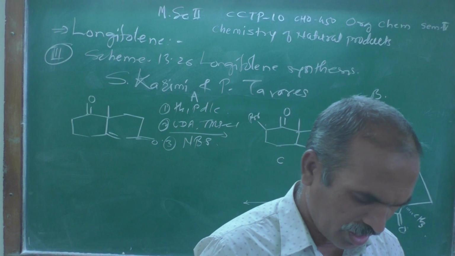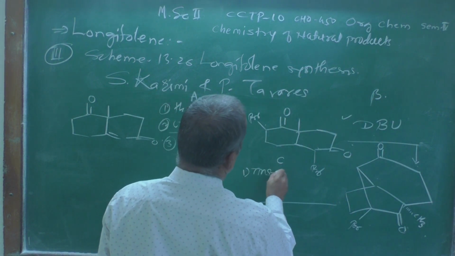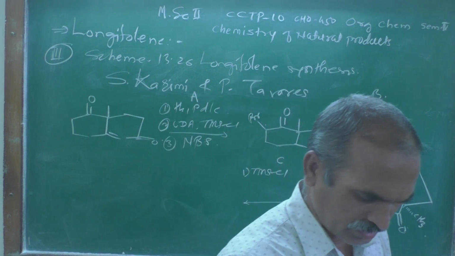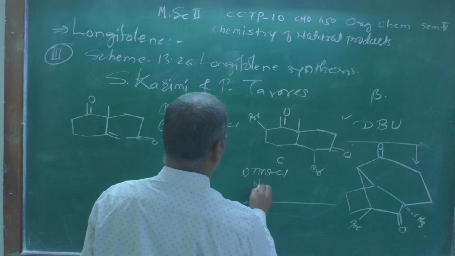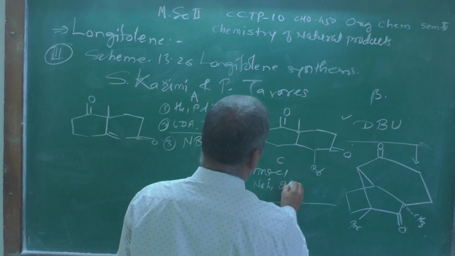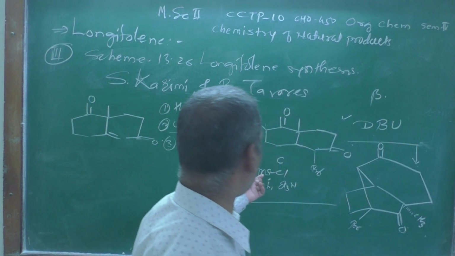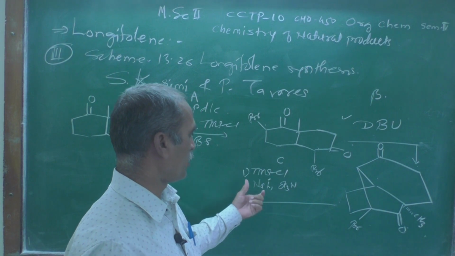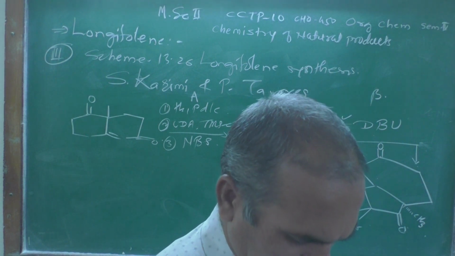The C reagents are: first one TMSCl, trimethylsilyl chloride, and NaI, sodium iodide, in the presence of triethylamine.